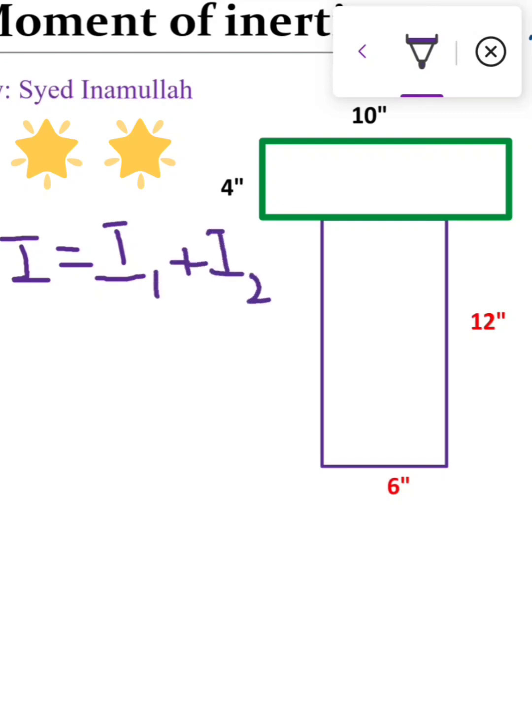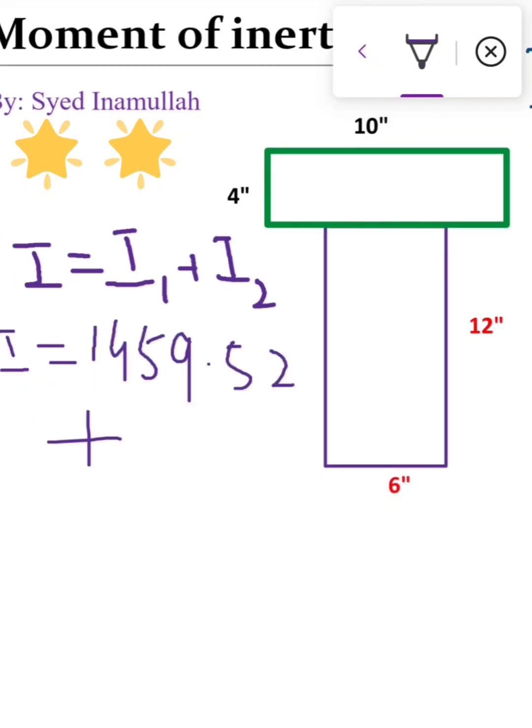By putting the value of I1, which is 1459.52, and for I2 it is 1093.73.